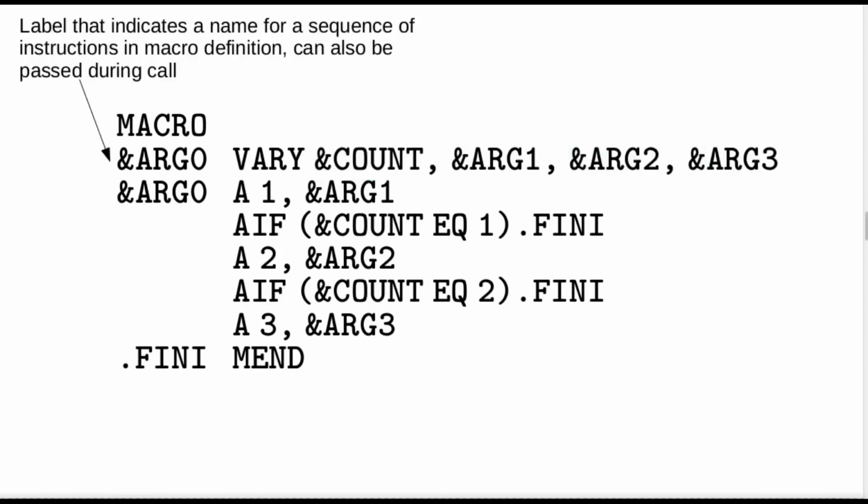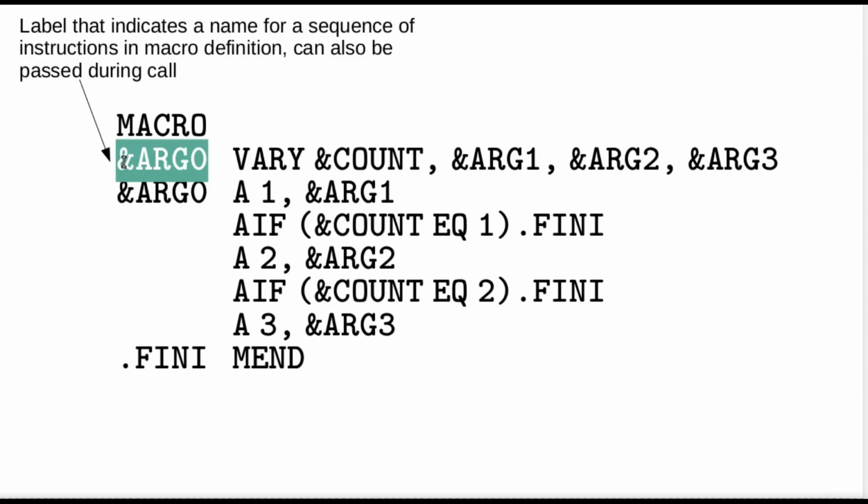Next, we have something before the first instruction begins, that is &ARG0. This is a label. If you go back a few lectures, you will find that we have already studied what a label is: a label is nothing but a name for an instruction at a memory location.